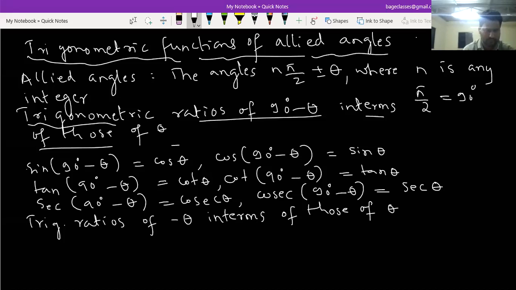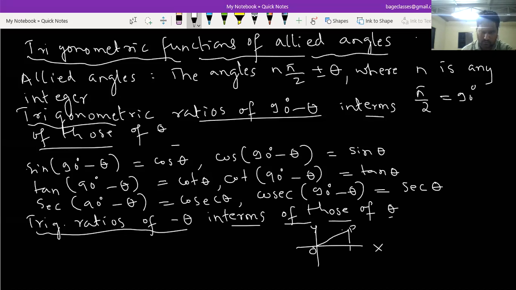See this, this is also very important. So take the quadrant, and let a point P(x, y) be any point in the xy plane. Join OP and draw PM perpendicular to the x-axis. This is 90 degrees, and let this be theta.